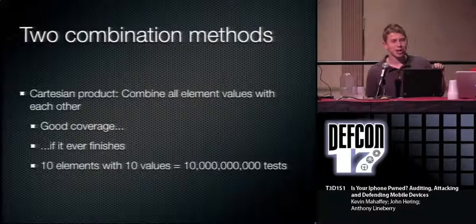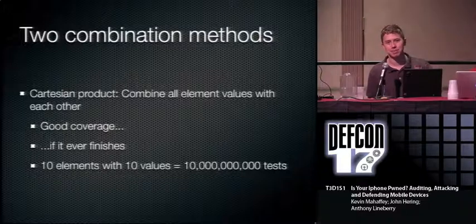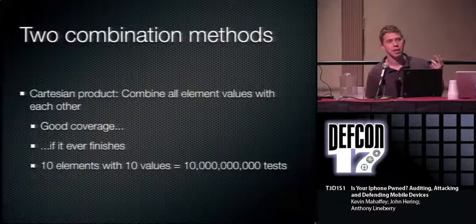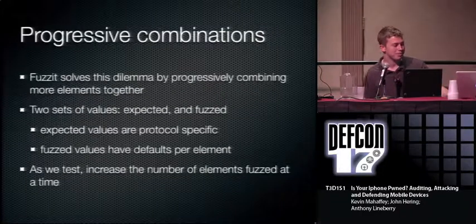But when you combine lots and lots of elements together, imagine multiplying 10 times 10 times 10 times 10 times 10 times 10, you see where this goes, and you have like 14 quadrillion test cases. And basically, it'll finish in somewhere near the lifetime of the universe. And we found this: a simple protocol can just explode. Also, if you're only limited to 10 values for a given element, you're not fuzzing that much.